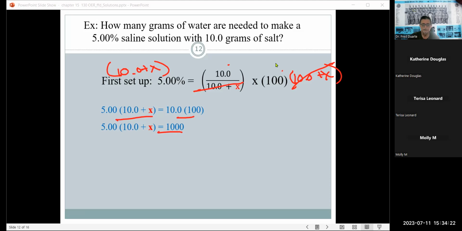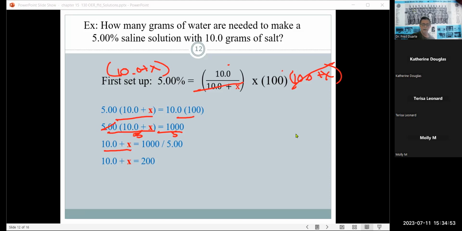Then the next expression was as follows. What they did here was simply divide on both sides by 5. So the 5s cancel on the left, leaving you with 10 plus x, and it's 1,000 divided by 5, and that is 10 plus x equals 200.